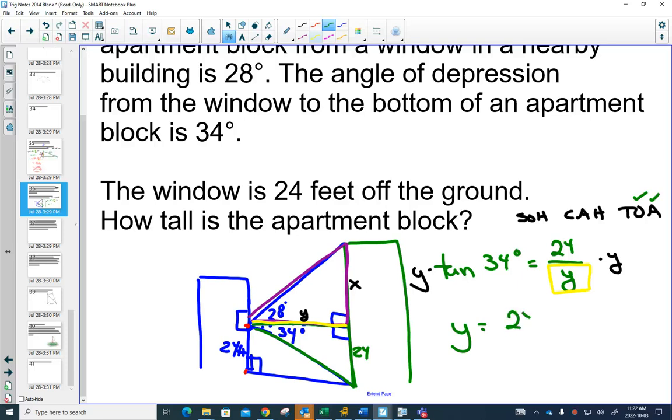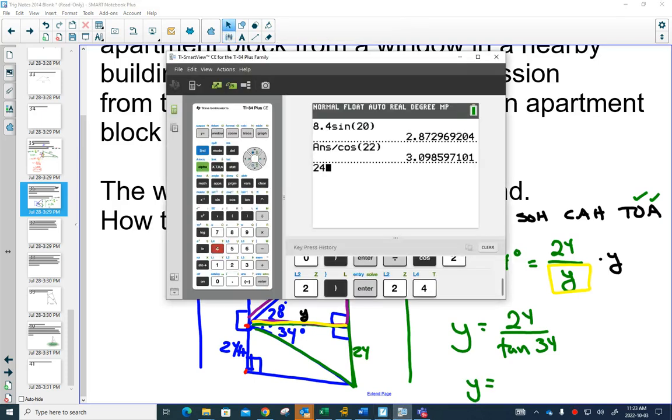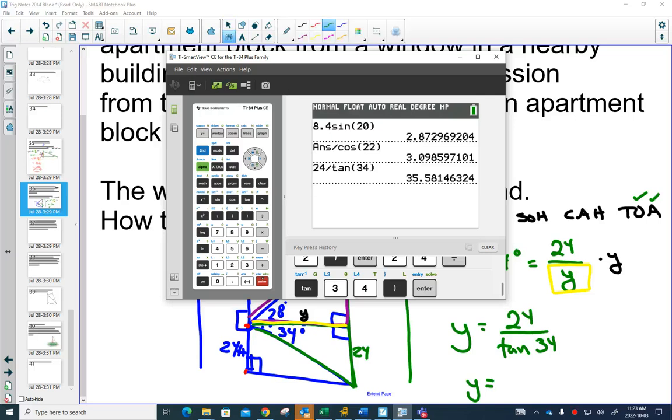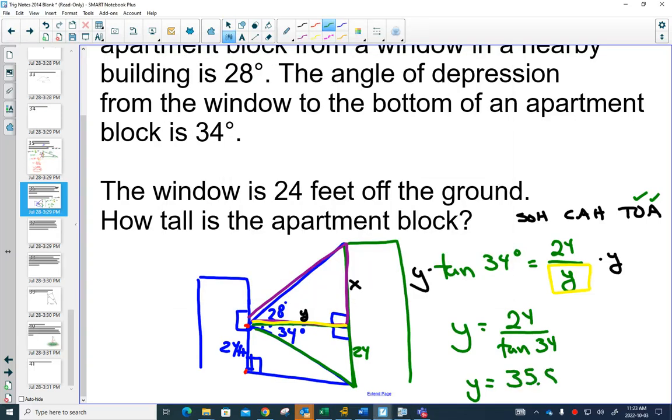So you would have 24 divided by tan of 34. Go to our calculators. 24 divided by tan 34 is 35.6, or 35.58. I'm going to go dot, dot, dot, because we'll keep all of our decimal places.